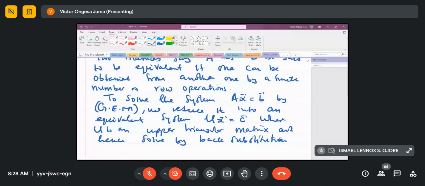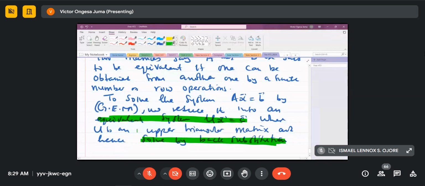So what are the main highlights of this? That if you want to solve the system by Gaussian elimination, then you reduce it into an equivalent upper triangular system, or an equivalent system UX where U is an upper triangular matrix. And once you do that one, then you solve it by back substitution. So those are the main highlights.